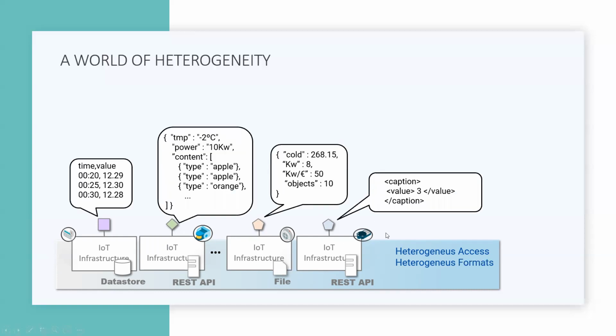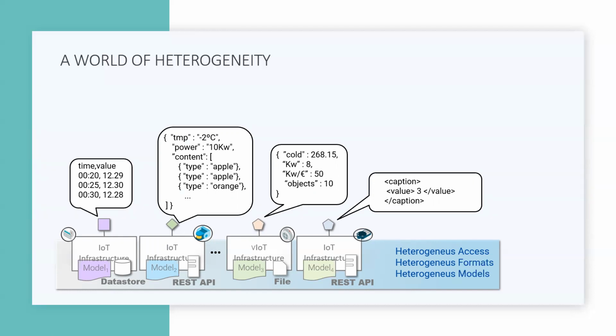The second one is heterogeneous format. This information can be expressed in different formats, such as JSON, CSV, XML, etc. And these formats can be expressed in different ways.